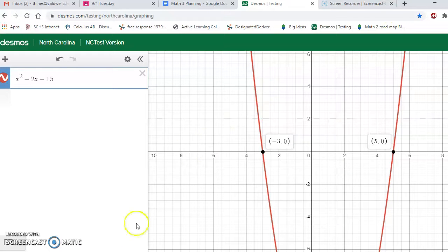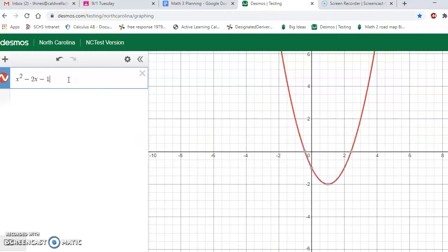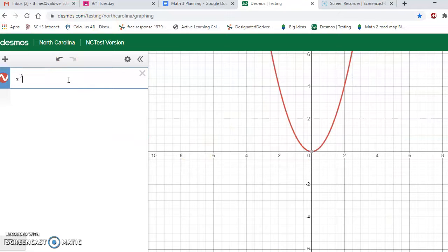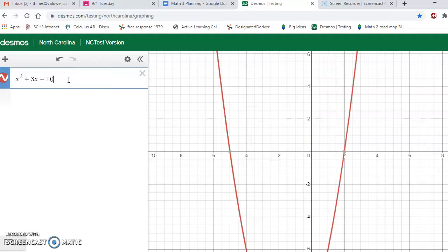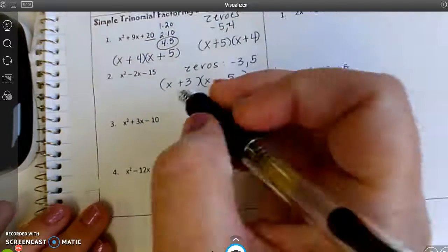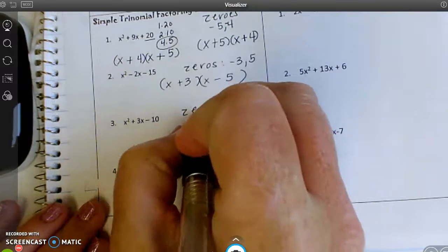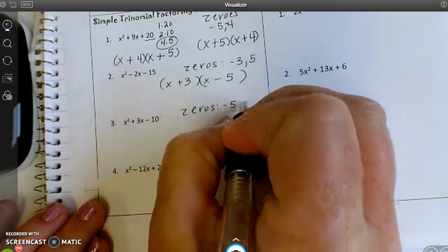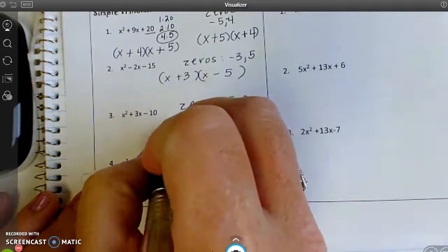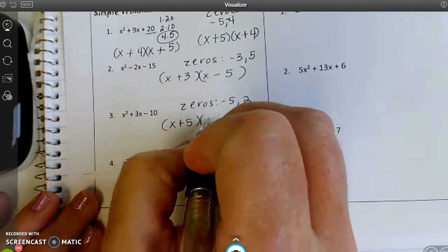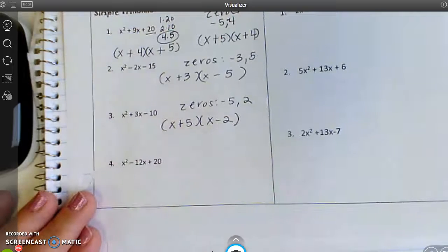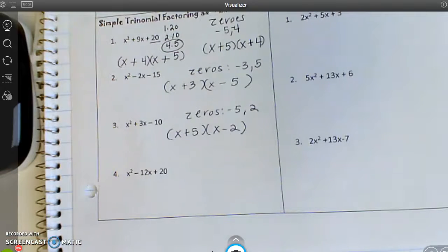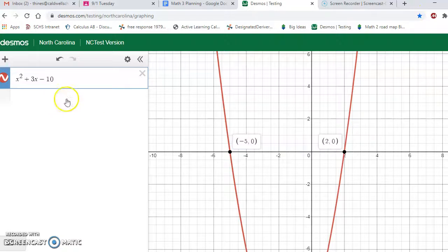All right, let's look at number 3. Number 3 was x squared plus 3x minus 10. The zeros are -5 and 2. And then so we write x plus 5, x minus 2. Okay. All right, on the last one, x squared minus 12x plus 20.